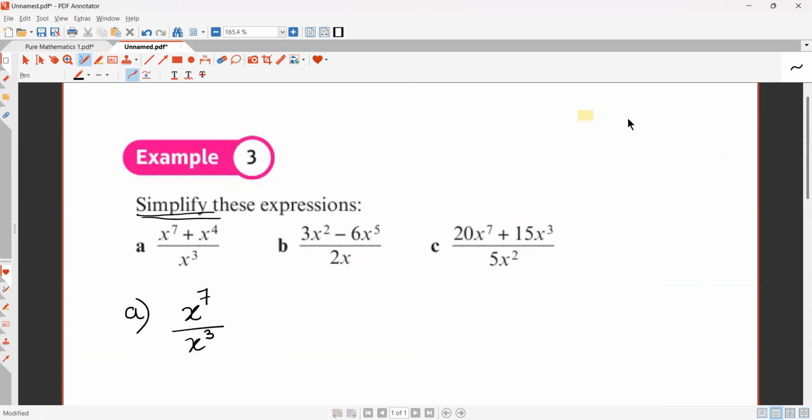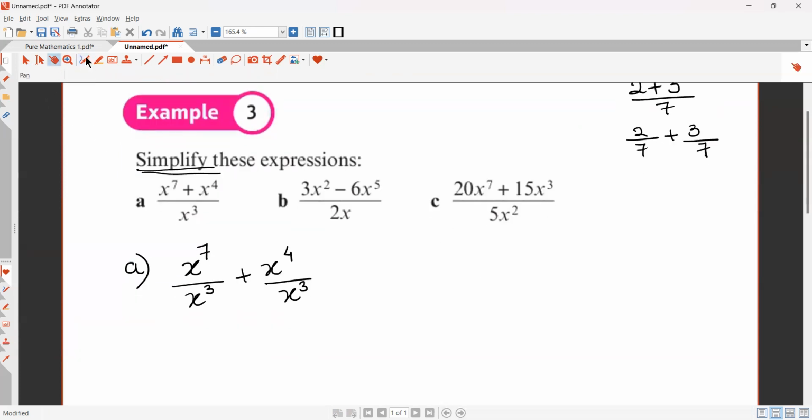Because if you remember from lower classes, 2 plus 3 divided by 7 could also be written as 2 by 7 plus 3 by 7. So here also you can write x raised to 7 divided by x cube plus x raised to 4 divided by x cube. Your denominator is the same. If your denominator is the same, the numerators can get added up.